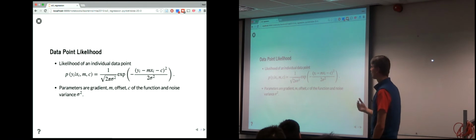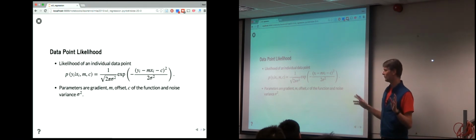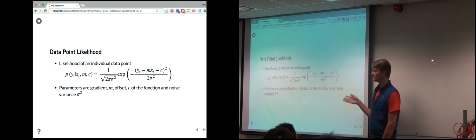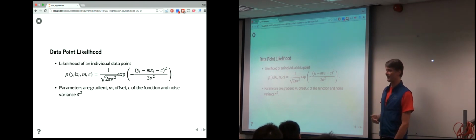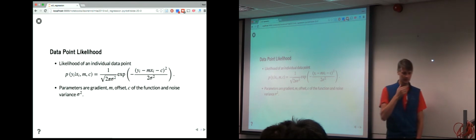What you're doing is writing down a probability distribution, a probabilistic description of how your data is generated. Once you've got that, how you then fit the probability distribution is what we're going to do next, which is known as maximum likelihood. So is everyone clear on where we are now? I'll just pause for a moment.